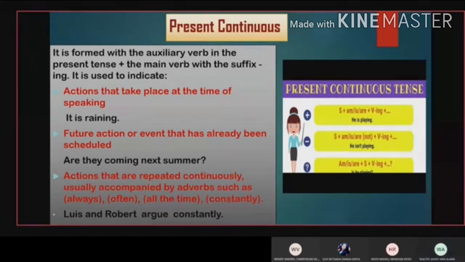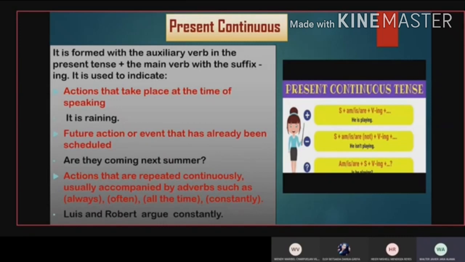In the structure: subject plus verb plus verb in ing plus complement. In negative: subject plus verb plus not plus verb ing plus complement. In interrogative: verb plus subject plus verb in ing plus question mark.